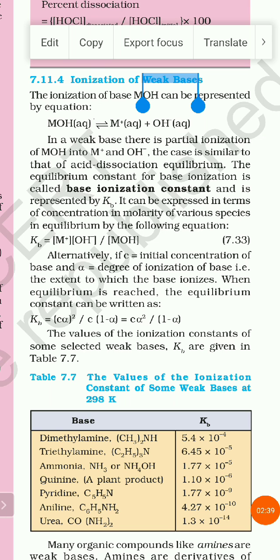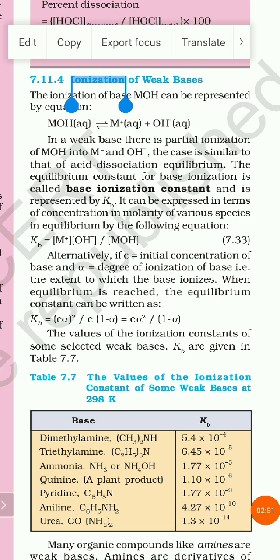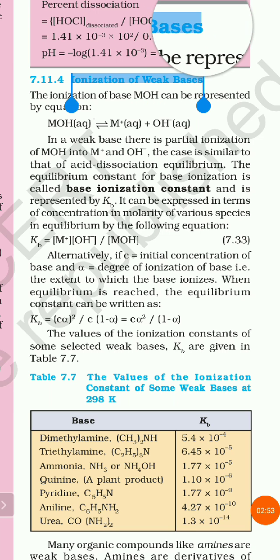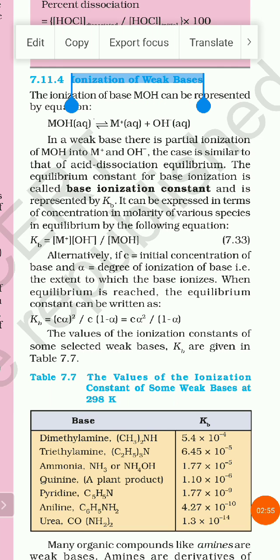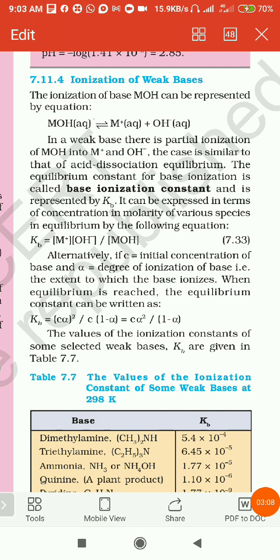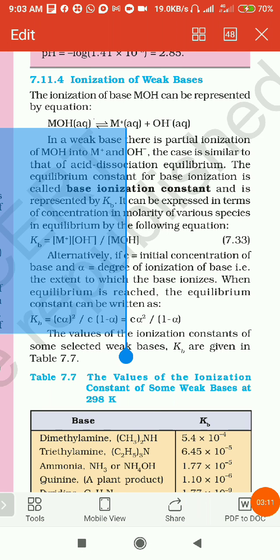Ionization means an acid or base forms ions. Ionization of weak bases means the bases decompose only partially, not in a complete manner. Partial ionization is what is called a weak base.